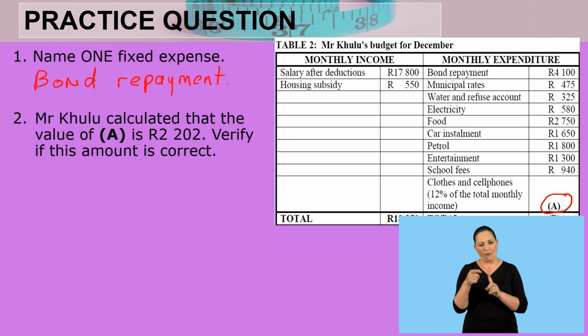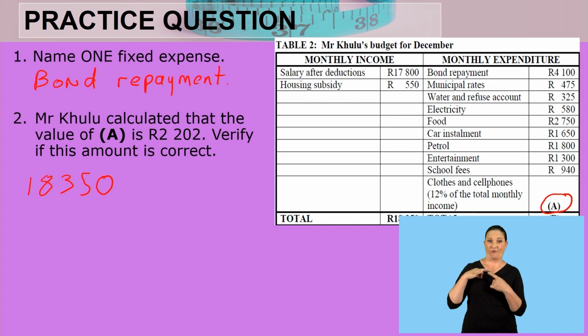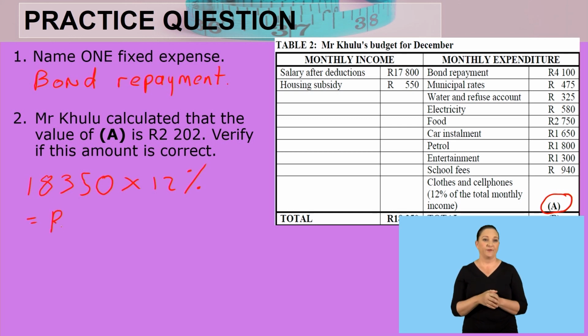What is the total monthly income? 18,350 Rand. And if I need 12% of that, I'll multiply this by 12%. And this gives me the answer I need, 2,202 Rand. Perfect. Let's move along.